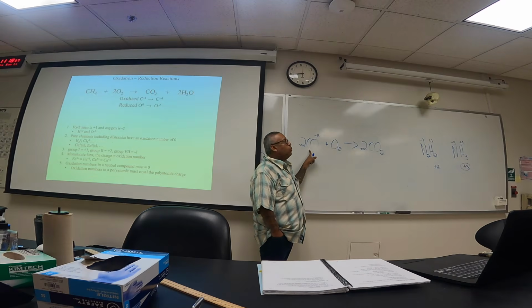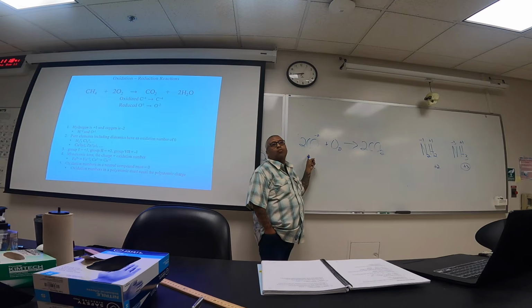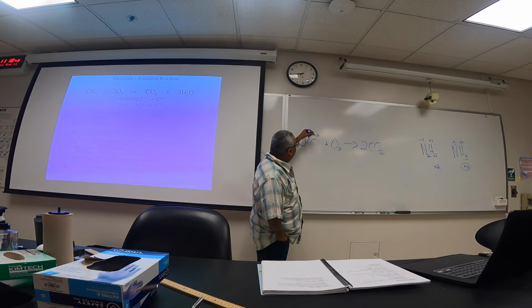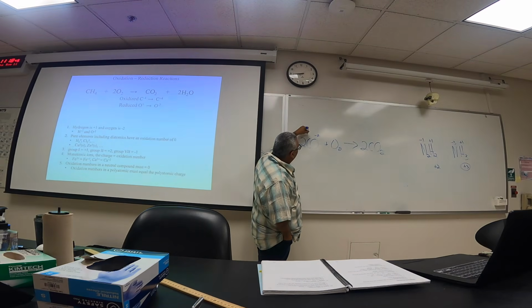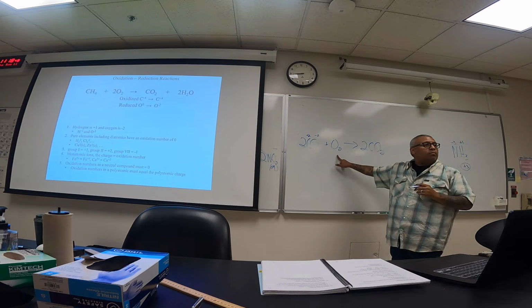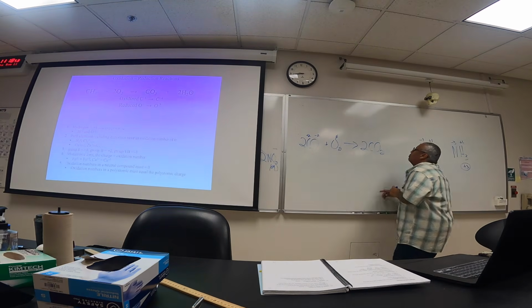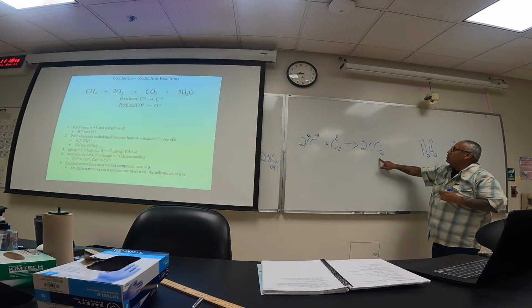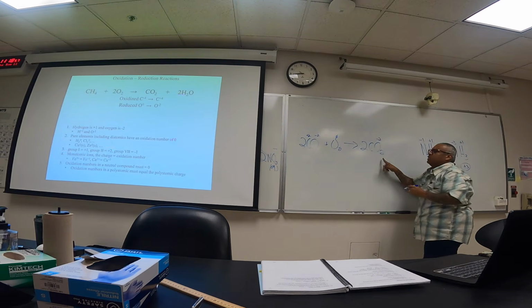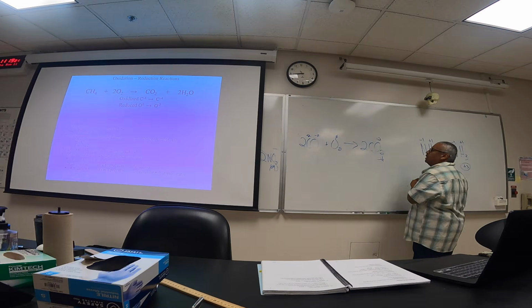No. It's not a monatomic ion, so we have to use rule number 5. If I know this is -2, carbon has to be +2. What's the oxidation number for oxygen by itself here? Oxygen here is also -2, but this time there's 2 of them, which means this is -4. What's the oxidation number of carbon?